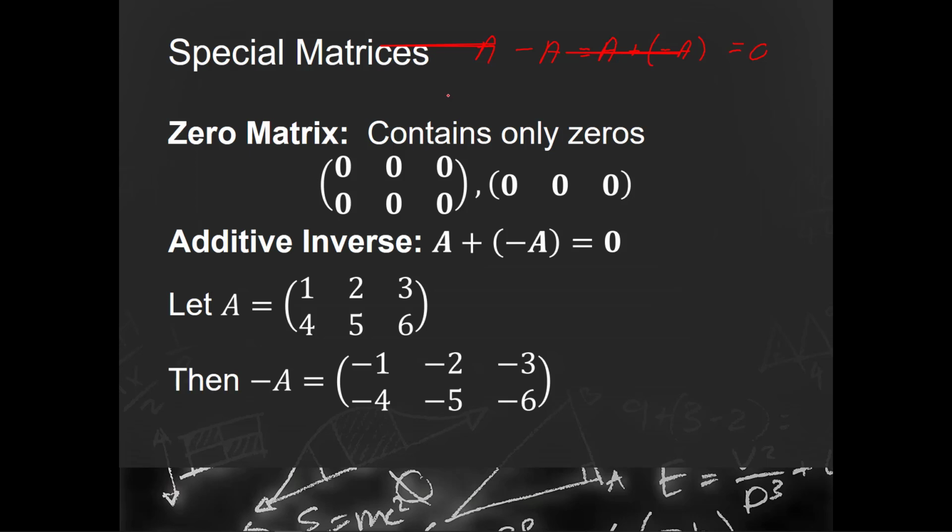So when you are doing the operation A minus B, what you're actually doing is you're adding A to the additive inverse of B. Is that really important now? No, but if you take a course in abstract algebra, you'll see it there.